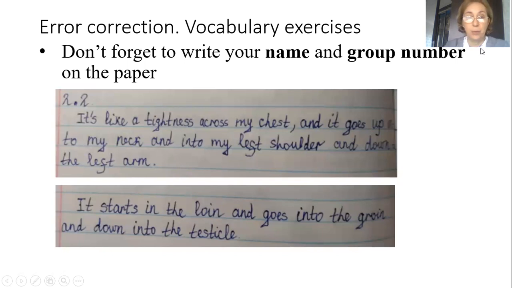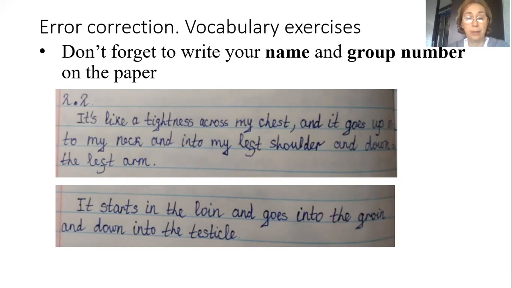Now, your home assignment was to complete the exercises. One of the tasks was vocabulary exercises, and I have some comments on this task. Almost everyone has done it correctly. Yes, maximum score for vocabulary task. Don't forget to handwrite. It should be done in handwriting.